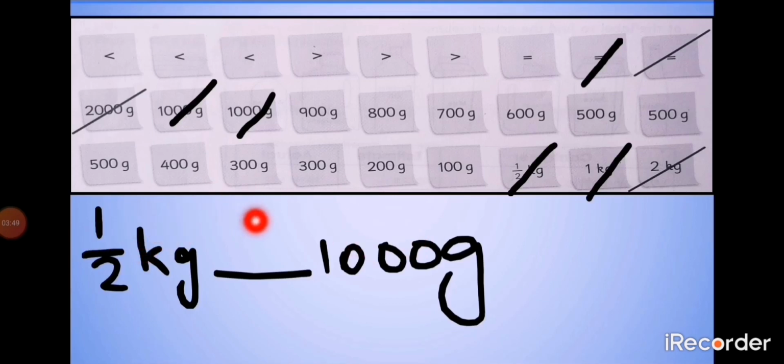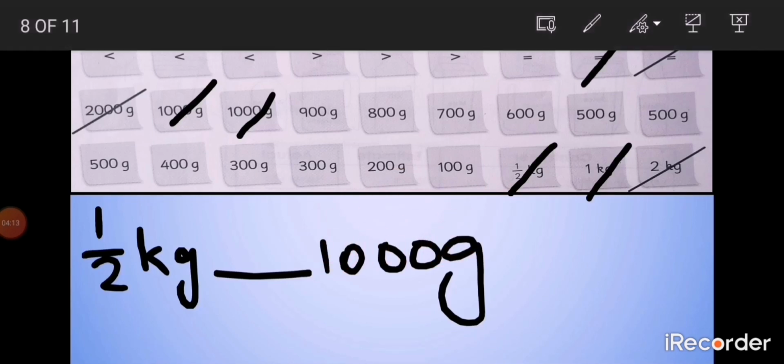We will find it in 1000 gram. 1000 gram is equal to 1 kg, or 1 kg is equal to 1000 gram. So this is half kg, half of 1 kg, and we have to find out half of 1000 exactly. So what is the half of 1000? We can make two equal parts of 1000, or we can divide 1000 by 2. So we will choose the number 2.